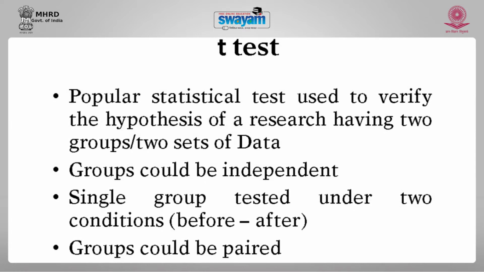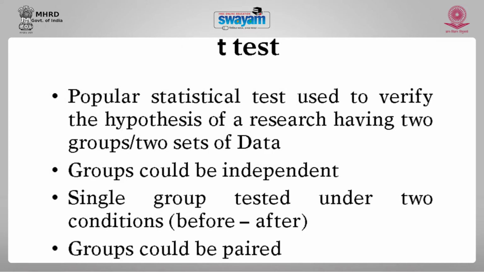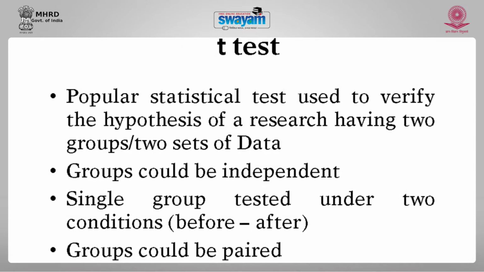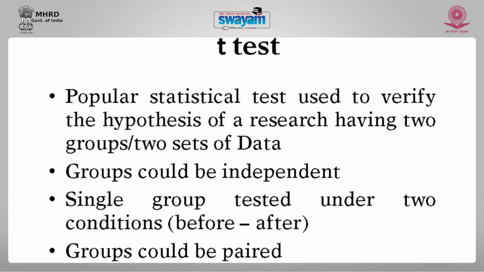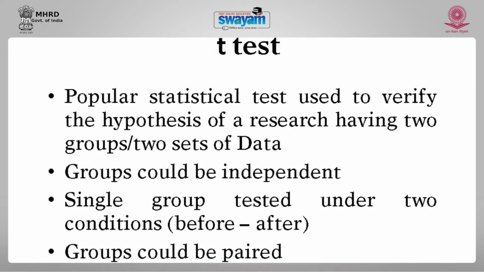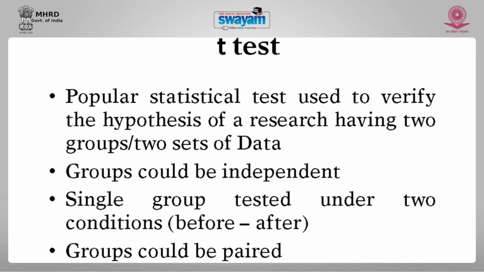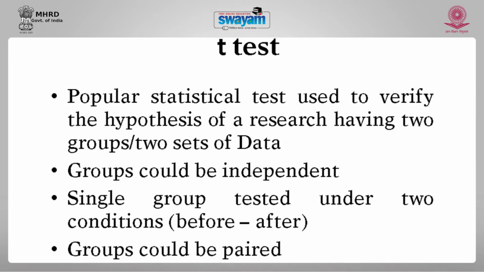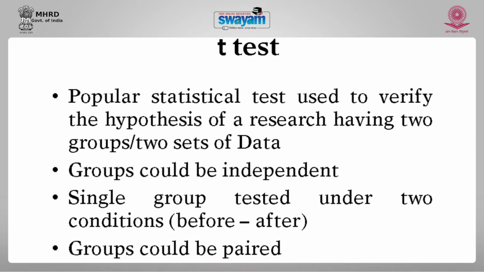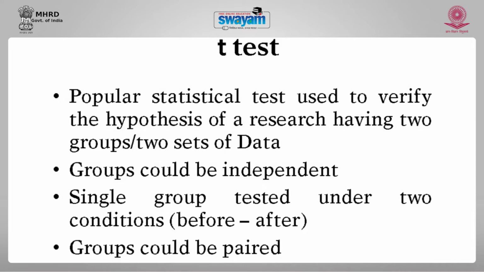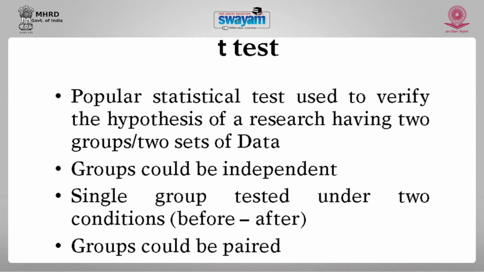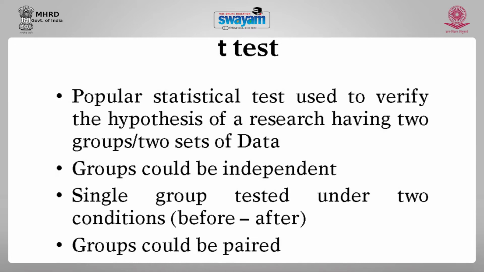The differences observed between the two groups, whether statistically significant or not, are measured by using the t-test. The t-test can also be used when you have a single group, but the group is tested under two different conditions. Suppose, for example, before they are exposed to a particular media, and after exposure to the media, is there any difference in their behavior; the t-test is used under such circumstances also.